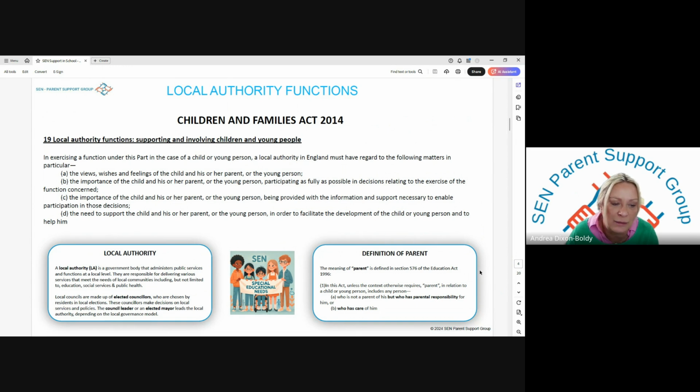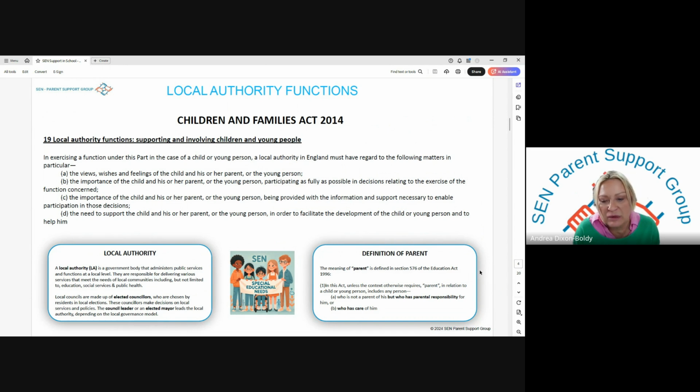Local councils are made up of elected councillors who are chosen by residents in local elections. These councillors make decisions on local services and policies. The council leader or an elected mayor leads the local authority depending on the local governance model. They are there to serve under these acts.